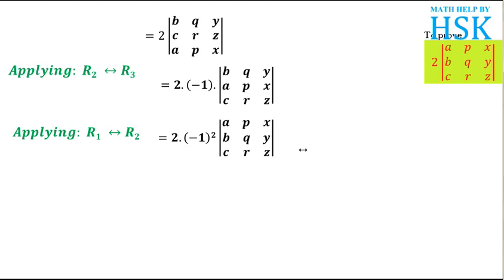After applying this, the order of the rows is exactly what we need in the proof. And minus 1 squared is equal to 1. So this is equal to twice apx, bqy, crz, which is equal to the right hand side, and hence the question is proved.